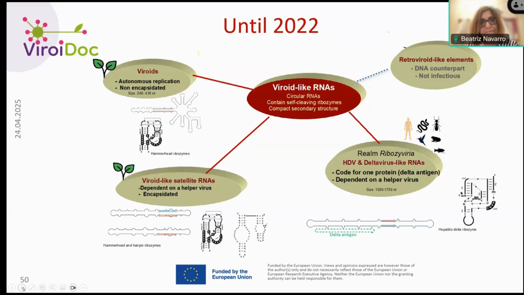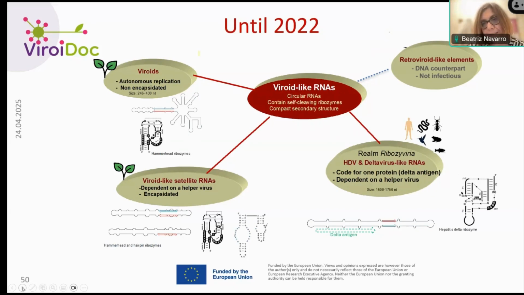All these viroid-like RNAs replicate through the rolling circle mechanism that Jose Antonio explained, through the symmetric variant that is characterized by the presence of circular RNAs of both polarity strands. There is another kind of viroid-like RNAs called retrovirus-like, but they are not infectious, and they have a DNA counterpart in the genome of the organism where they were found.